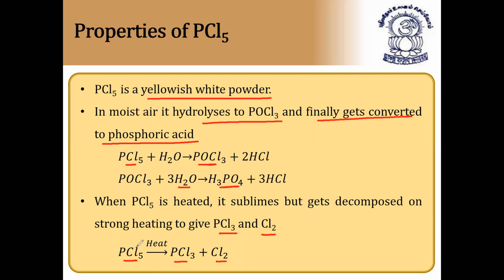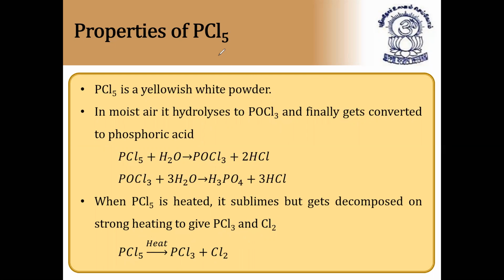Is this a disproportionation reaction? What is the oxidation state of chlorine here? It is minus 1 here, and here it is also minus 1, and here it is 0, so minus 1 to 0 is an increase in oxidation state. But we cannot say it is disproportionation; it just forms like this.